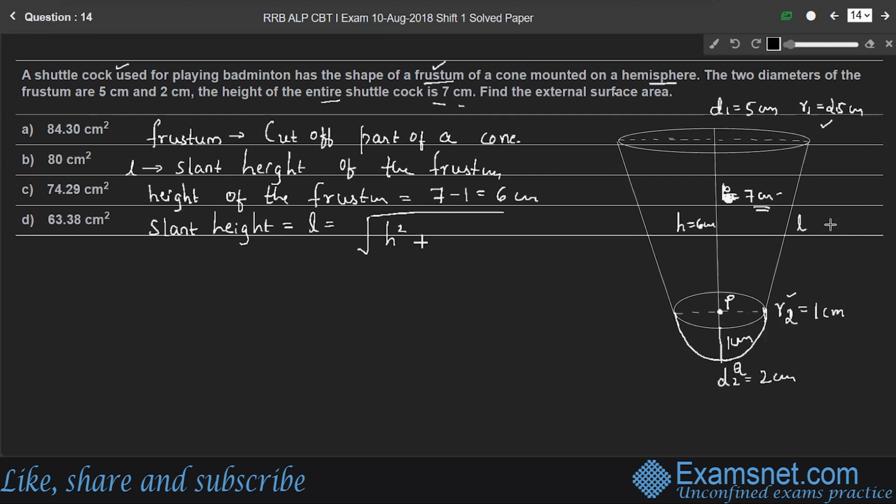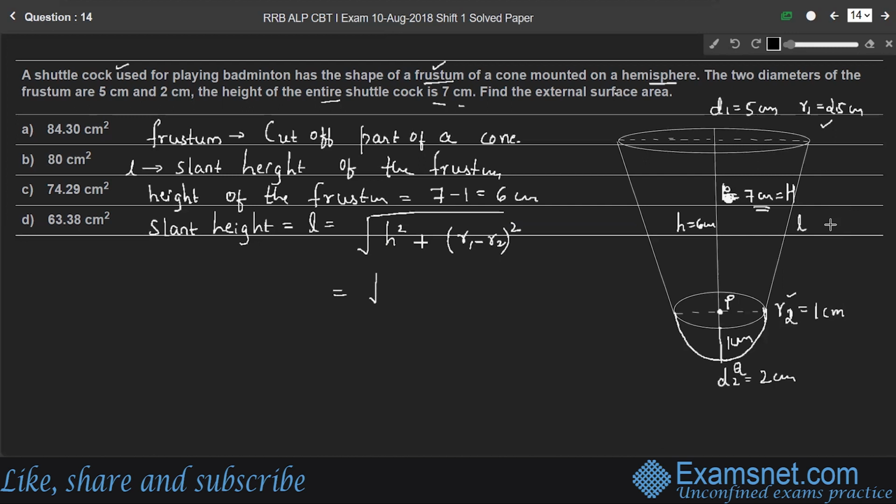This is the height of the cone, so let it be capital H. h square plus the difference between the two radii, R1 minus R2 the whole square. We are applying the Pythagoras theorem here. So L is equal to root of h square plus R1 minus R2 the whole square.